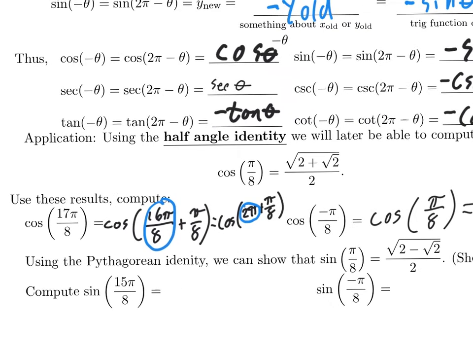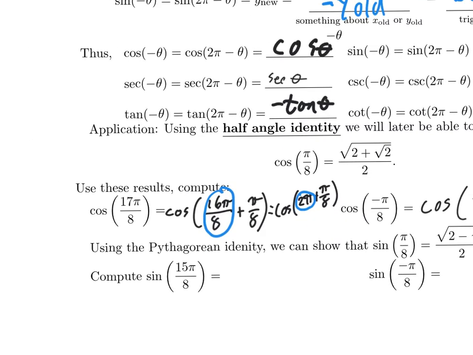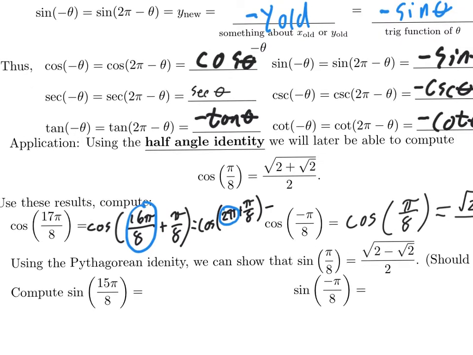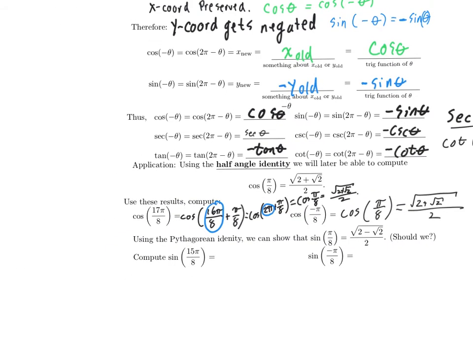But I know what happens when you do cosine of 2 pi plus an angle. Nothing. You get the same output. So you'll get the same thing as the cosine of pi over 8, also known as the square root of 2 plus the square root of 2, all over 2. Nice.